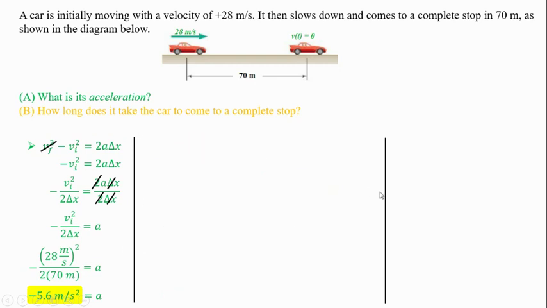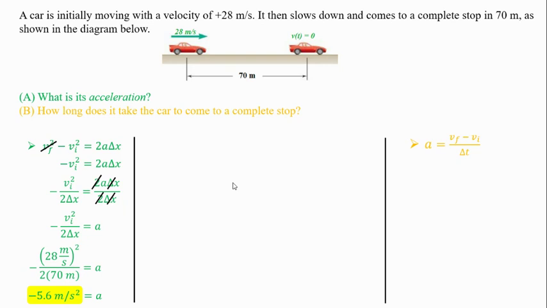Now, hypothetically speaking, what if you didn't do part A based on my middle strategy there? What if you did part A using this particular strategy here, on the left side? Well, part B asks how long does it take for the car to come to a stop?